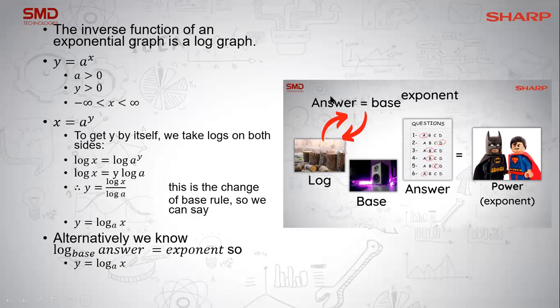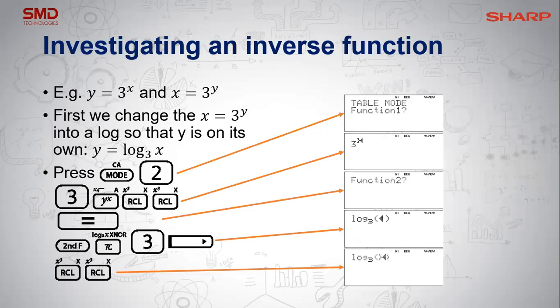So we know if I have the answer equal to base to the power of exponent, then when I have a log, it's log of the same base of the answer is equal to my exponent. So this is just a memory key for your students to use. If you want this picture, you must just email me. I'll send it to you.